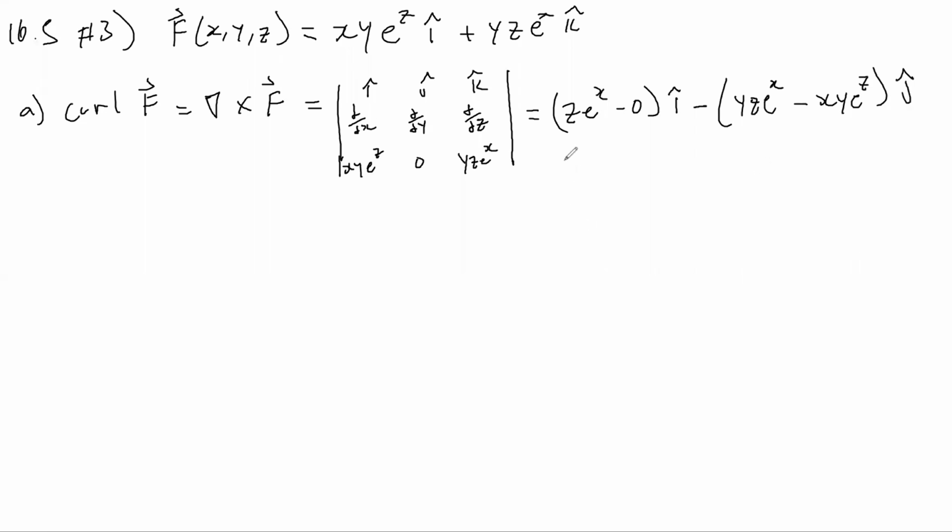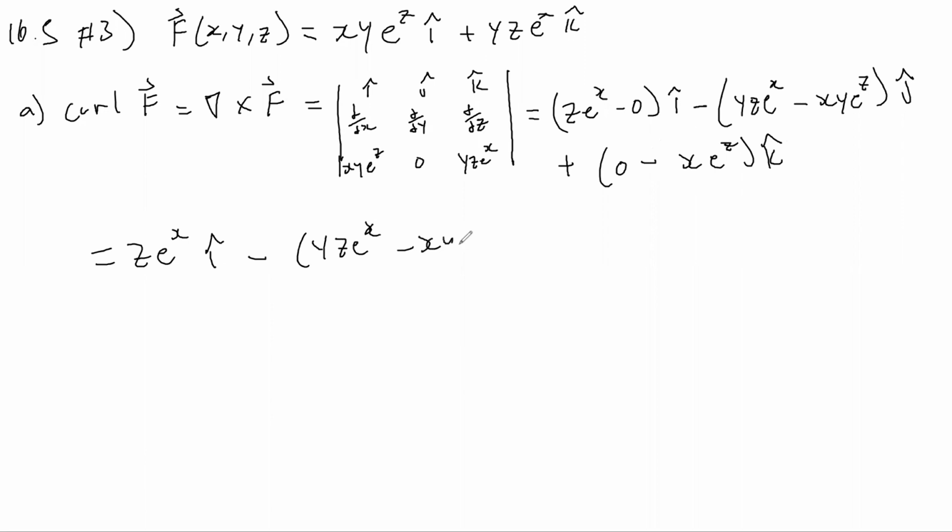Finally, that's added on to 0 minus x e to the z k hat. Simplifying, that's z e to the x i hat minus (yz e to the x minus xy e to the z) j hat, plus or minus x e to the z k hat.